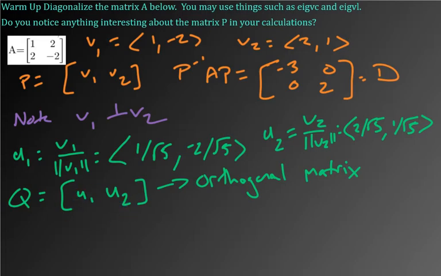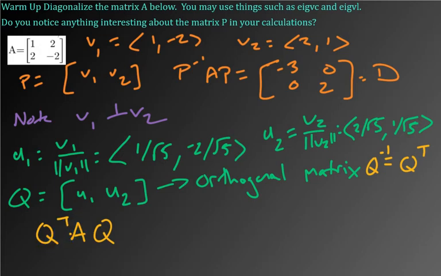So we know that for these kinds of matrices, the inverse of Q is just going to equal Q transpose. If we wanted to do this problem a little quicker, you could do Q transpose AQ, and you never have to worry about the inverse part.